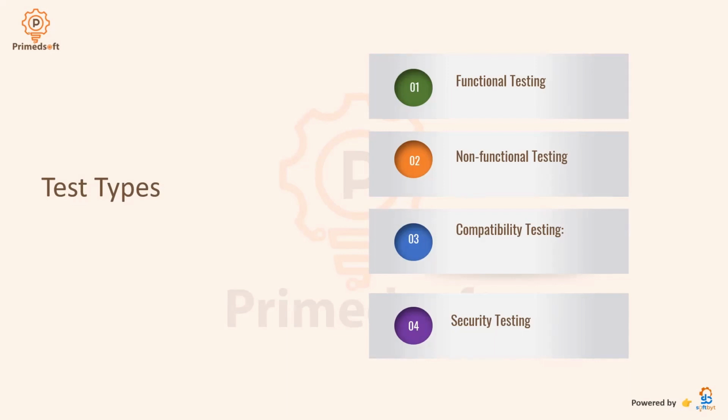Under non-functional testing, these are the kinds of testing you perform. An example is performance testing, right? Performance testing evaluates system responsiveness, how responsive the system is. It also tests the stability.